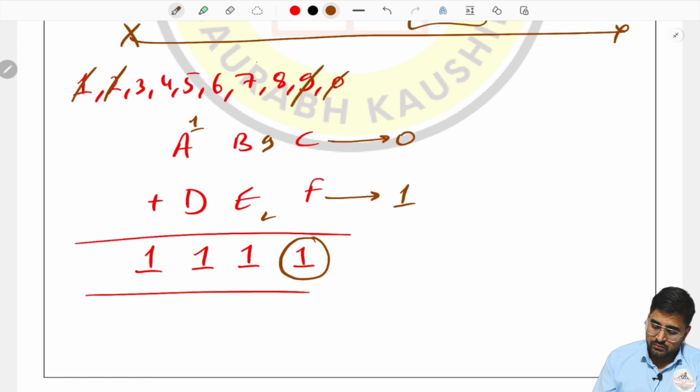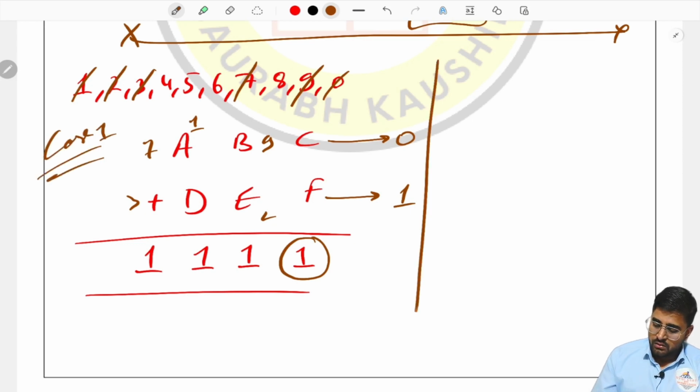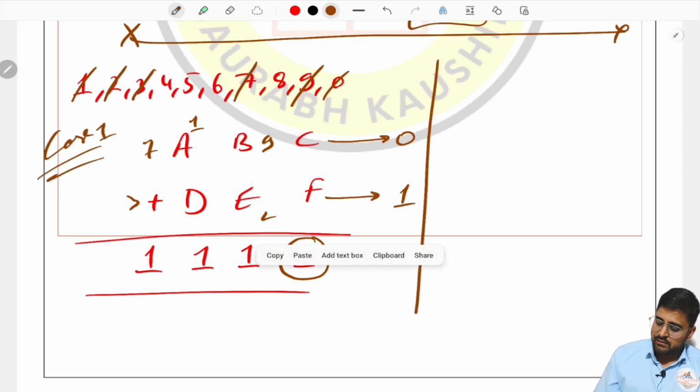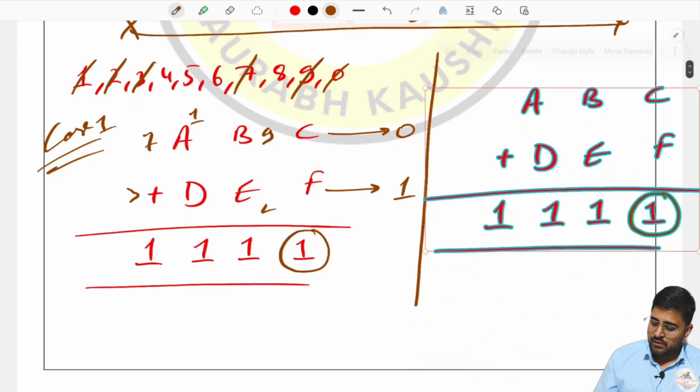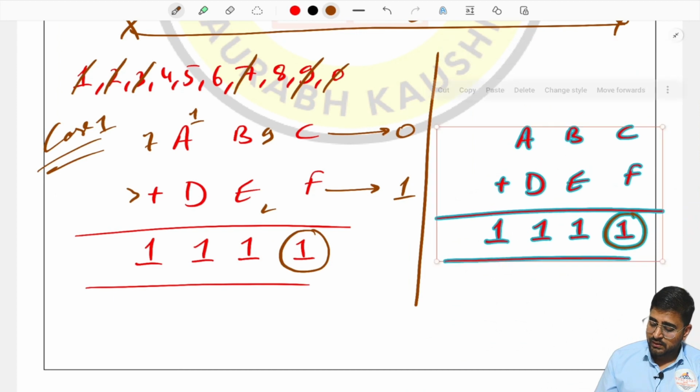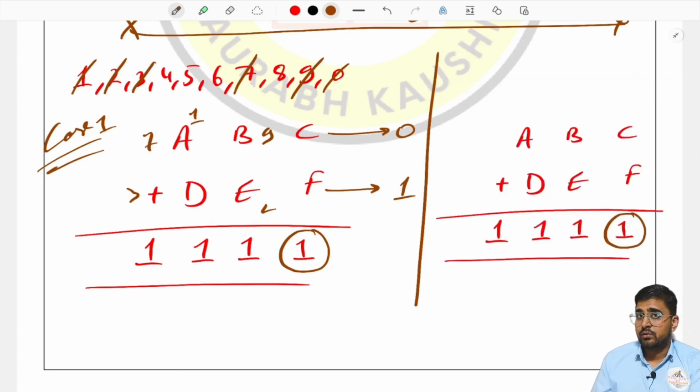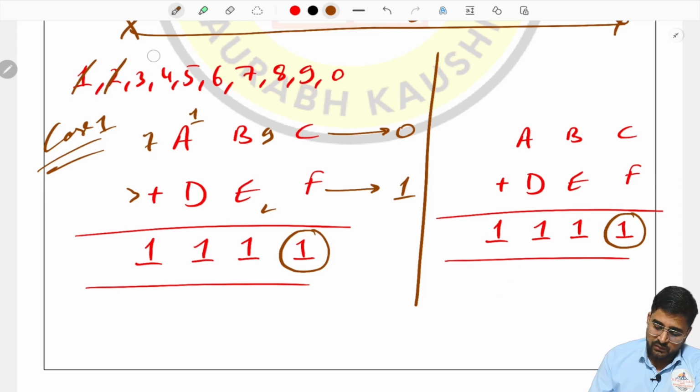Now 7 and 3, 11. This becomes case 1. What I want you to see is that this question will never come without 0, because it has a lot of possibilities. That is the only reason it will not come.